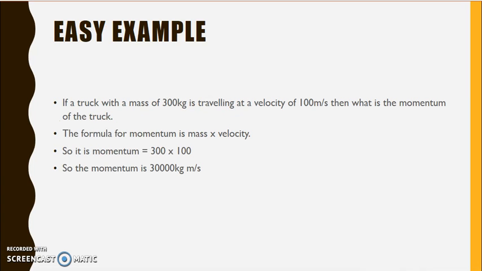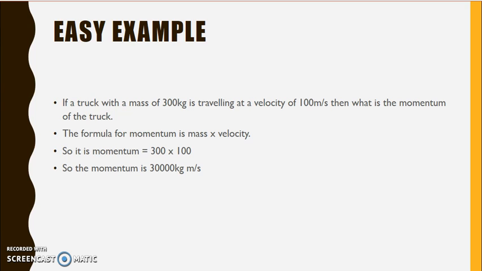Here's an easy example. If a truck with a mass of 300 kg, yes, 300 kg, is traveling at a velocity of 100 meters a second, then what is the momentum of the truck? Yes, I know it's easy, and I should have put this before the previous question, but anyways.